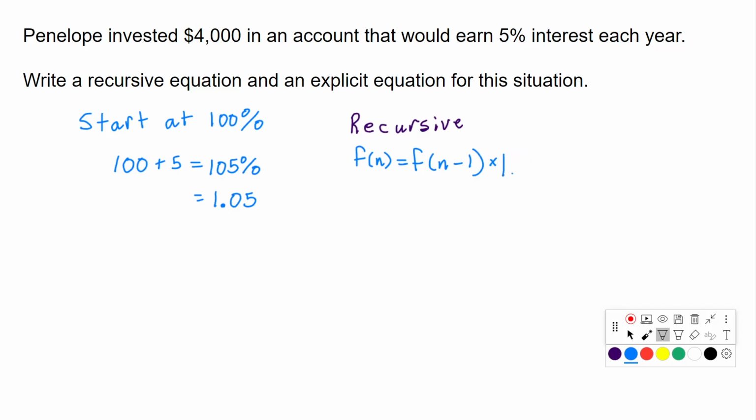This time it's times 1.05. And again, we're going to start with f of 0, because when we invest money, we always have that 0 start, that very initial amount, because everything happens after we have that initial amount. In this case, that initial is 4,000.